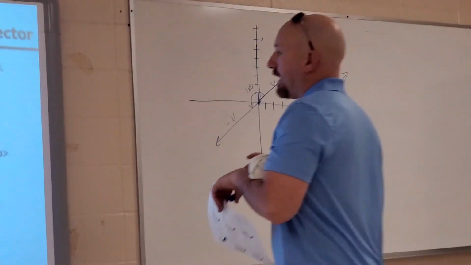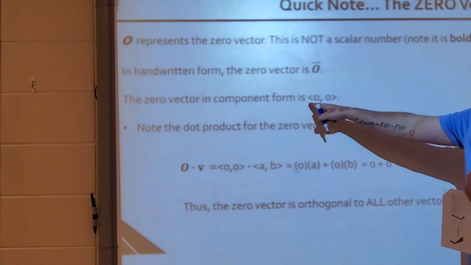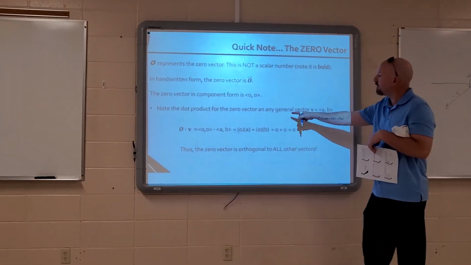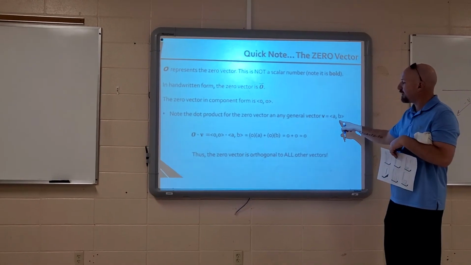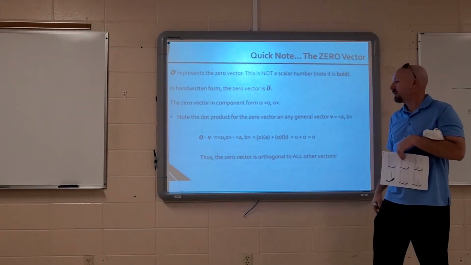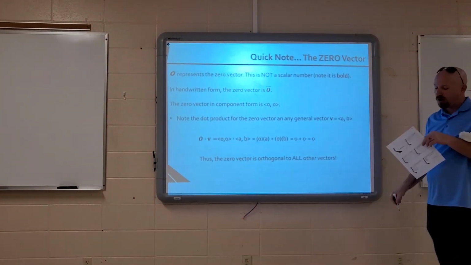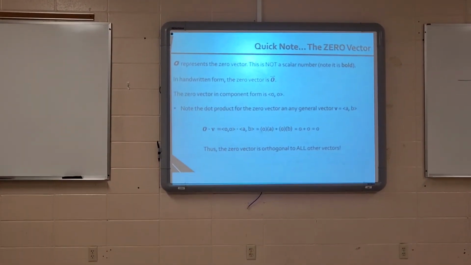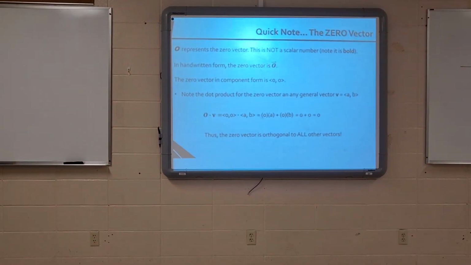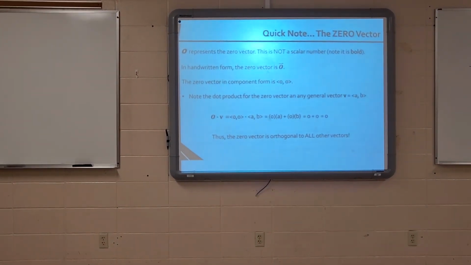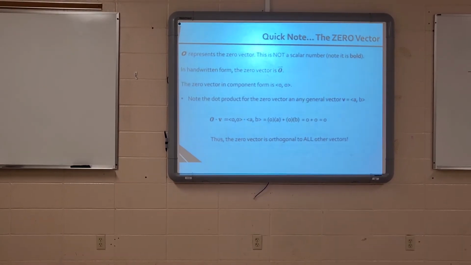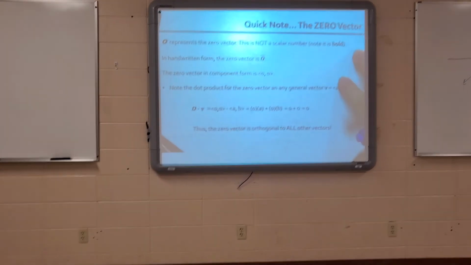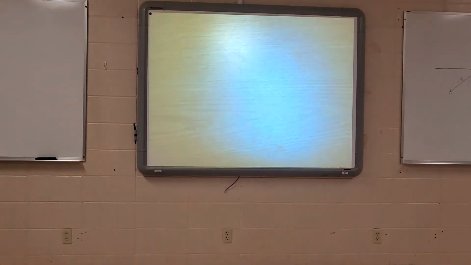And so the 0 vector in component form is 0, 0. The dot product from the 0 vector to any general vector is also 0. And the 0 vector is orthogonal to all other vectors. You don't need to memorize this or anything, but it's just some stuff you should understand, that 0 is a vector. Okay?